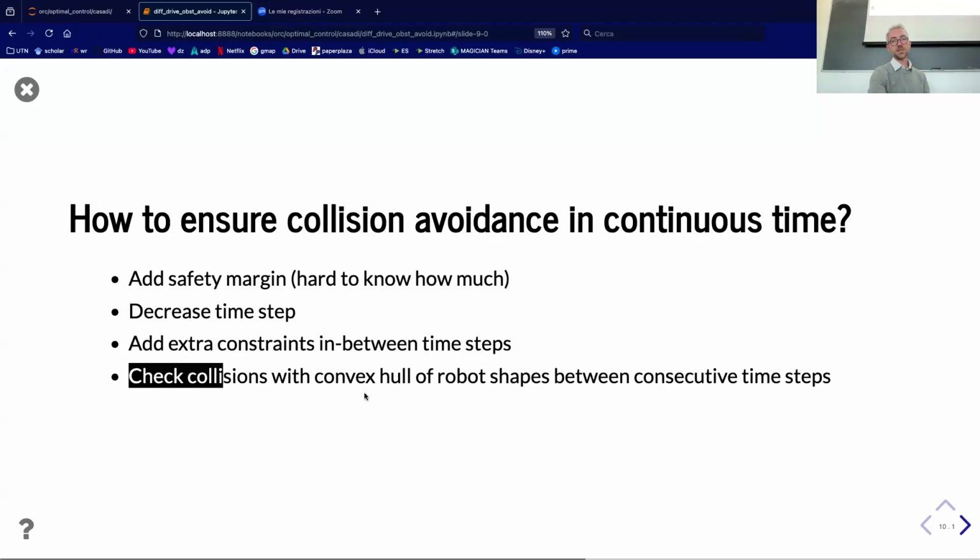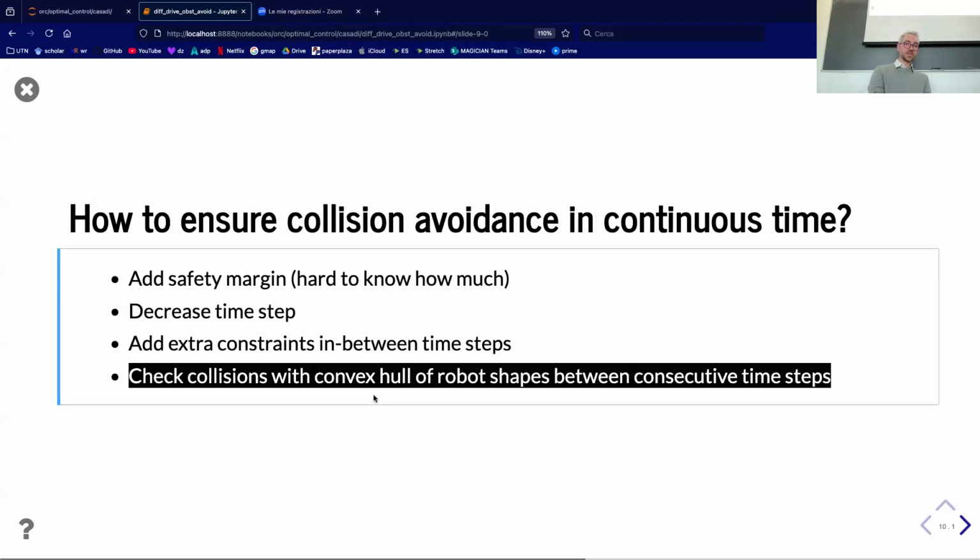The last one, which I think is the best, is that you could check collision instead of just between where the robot is now and the obstacle, you could take the convex hull between the current robot position and the next robot position and check collision between this convex hull and the obstacle. So you would make sure that the whole continuous time interpolation of the robot shapes between now and the next time step is collision free.